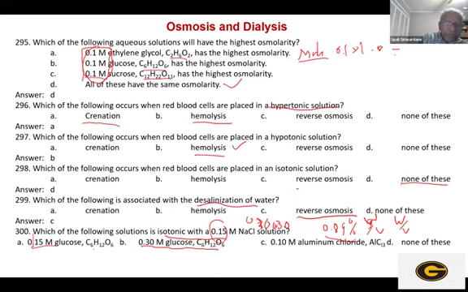This is not. This has more, if you calculate it. That's going to be 10 times. Aluminum chloride has more particles of ions. Therefore, that's going to be hypertonic. Answer is B.